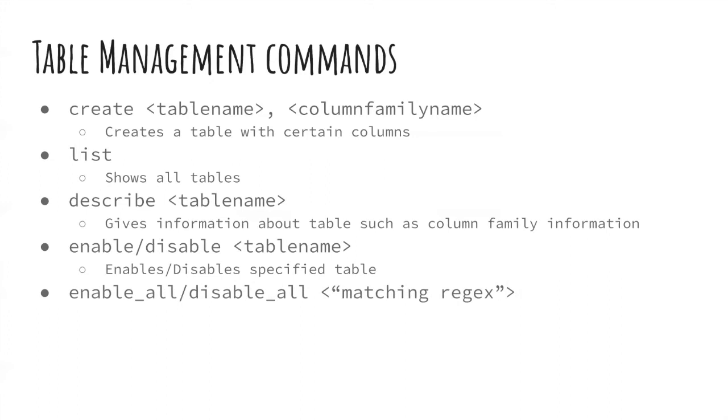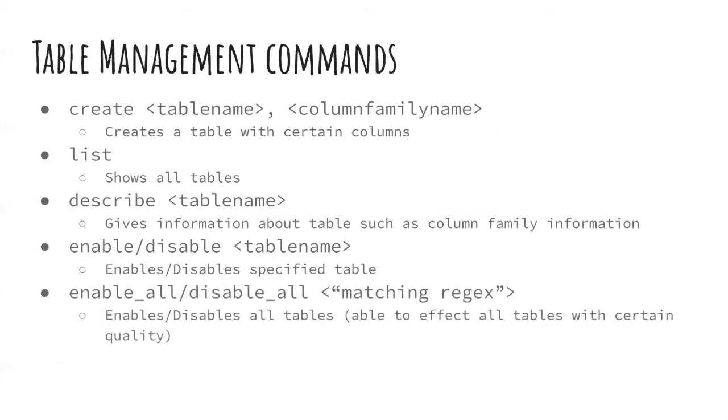And then we have enable all and disable all, with a matching regular expression. This command enables or disables all the tables that match your regular expression. For example, say you wanted to disable all the tables that started with the letter E. You could do that. Pretty straightforward.